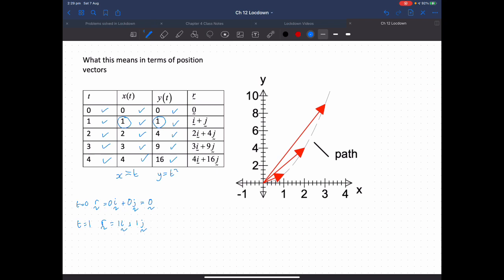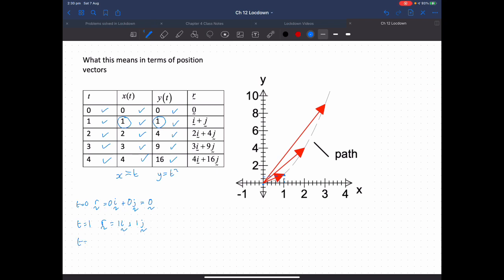So on my graph I have marked in the position vector going from 0, 0, the starting point, to 1, 1, the point on the curve, and I've drawn in the position vector there.